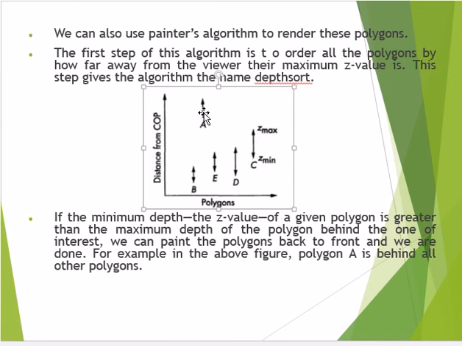So we start rendering A first, then we go with the next. It could be D and then A and then B.